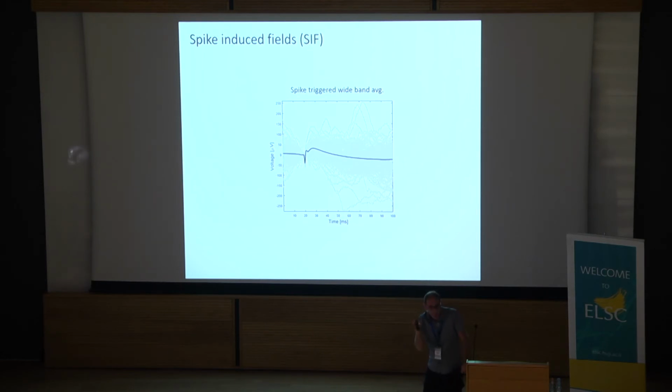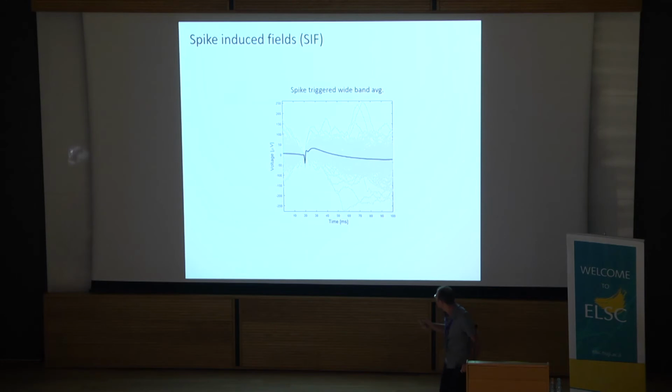I should mention that we have to choose these traces in a certain way, so we choose them when the neural activity in general is not very high. I'll explain later why. But when you average these traces, you can see the spike here, and then after the spike, you can see this slow potential following the spike that lasts really several tens of milliseconds.